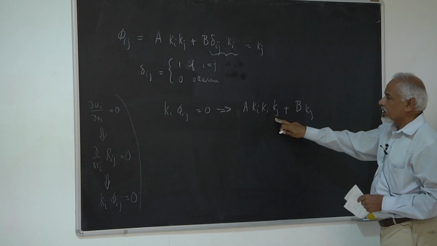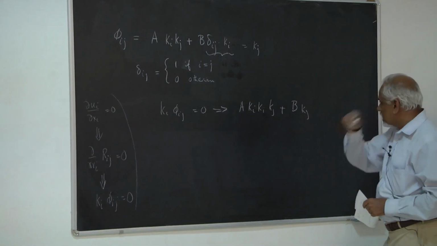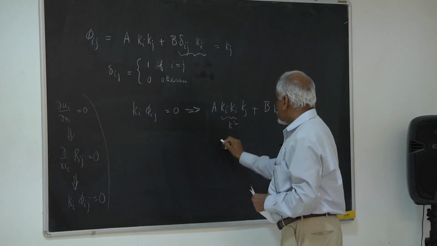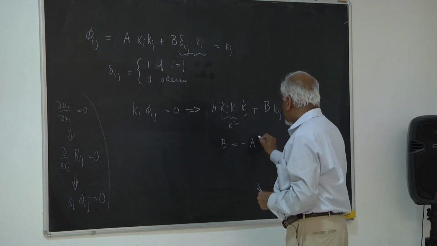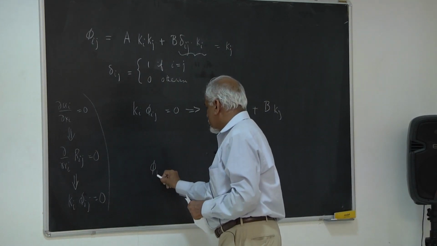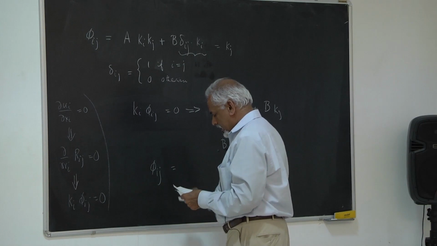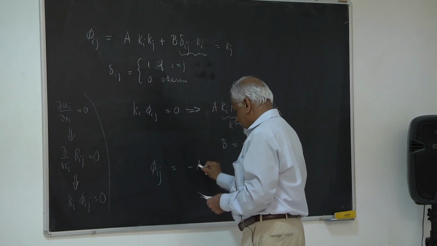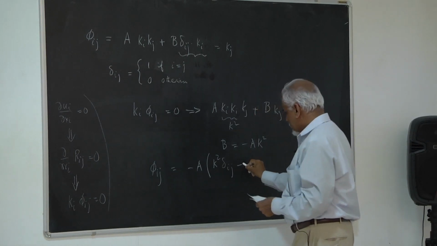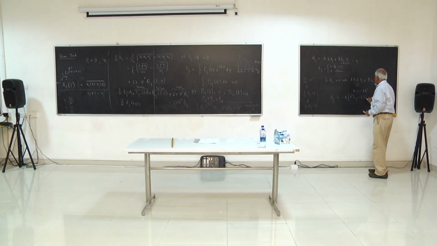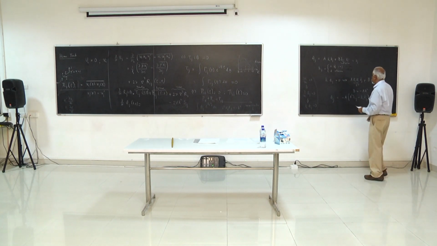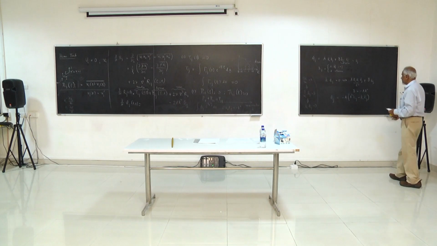Now, of course, you divide by Kj. This must be true for all Kj. Therefore, I have the relation, and this is K squared, so I have the relation b equals minus a K squared. So my Phi ij is really very simple. It's a times minus K squared delta ij plus Ki Kj.